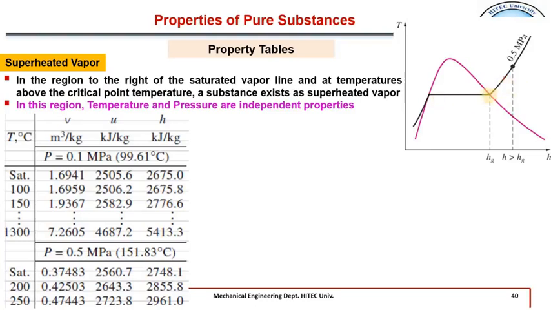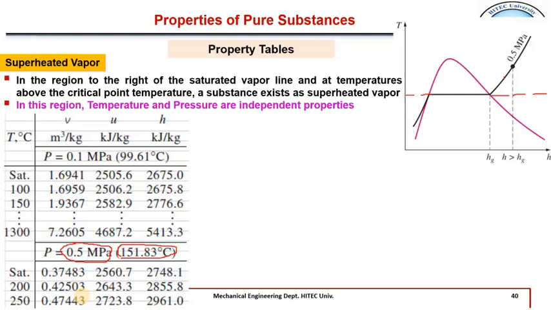Okay, so now you can see, for example, the pressure is 0.5 megapascal. So this line represents the 0.5 megapascal line. For this line, what is this temperature? This temperature is the saturation temperature for this pressure, and that temperature is 151.83 degrees Celsius.